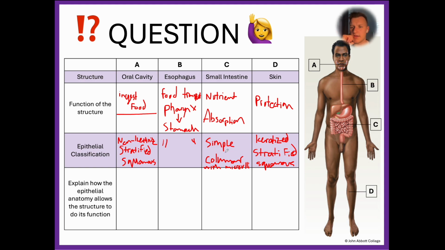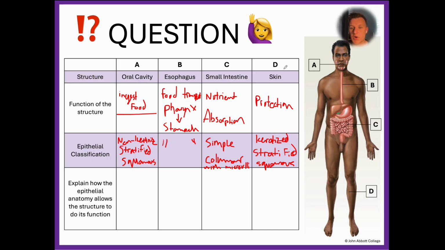Why is it one layer? Because you want it to easily absorb through. If I had multiple layers, I wouldn't be absorbing very much. So simple, and columnar with microvilli, because the microvilli help us have more surface area, so that I can absorb more.